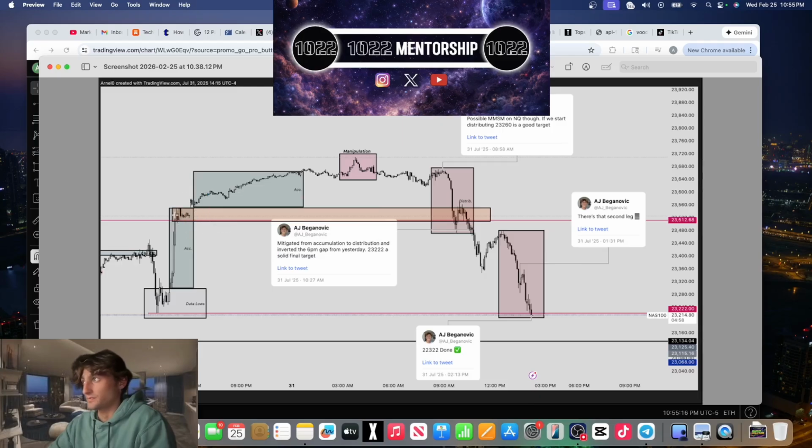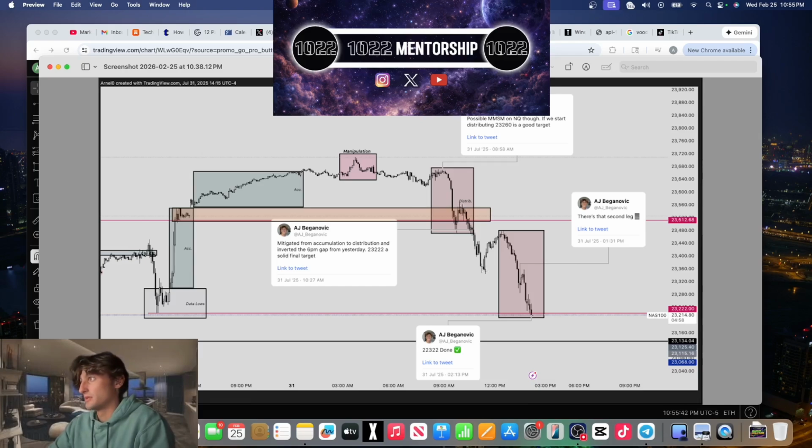So in our first stage of distribution, we see that in this gap here we respect it and then trade lower. I really like to stack confluences a lot when I am trading. In my system, I really like to have multiple confirmations and confluences before I even enter. So that was a good confluence there.